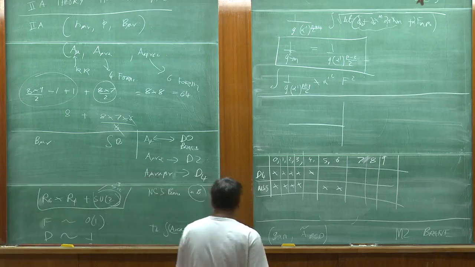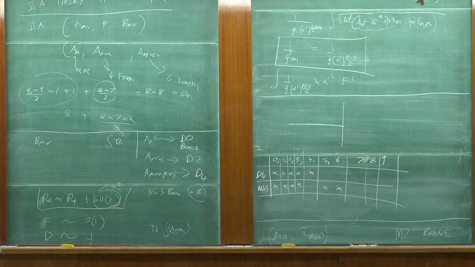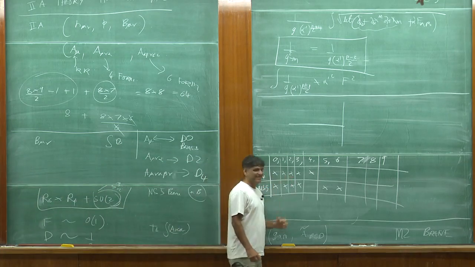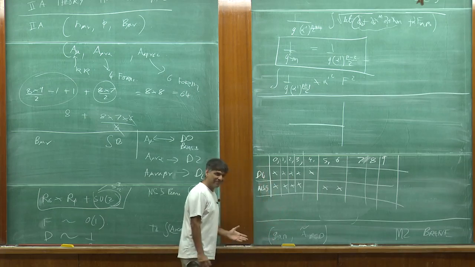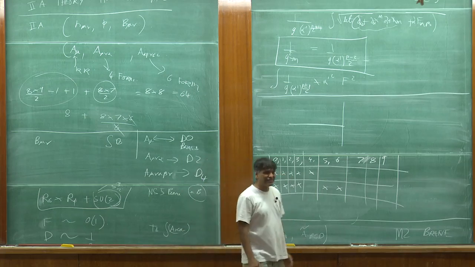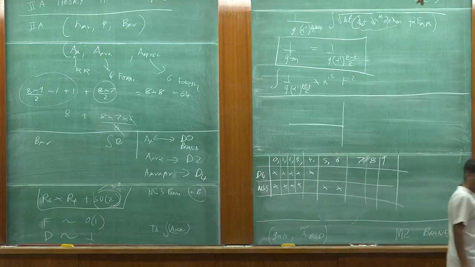The spatial intersection is 3-dimensional. The world volume intersection is 4-dimensional. And that is what is going to be at the heart of getting a 4-dimensional field theory. So these guys intersect on a 4-dimensional world volume.